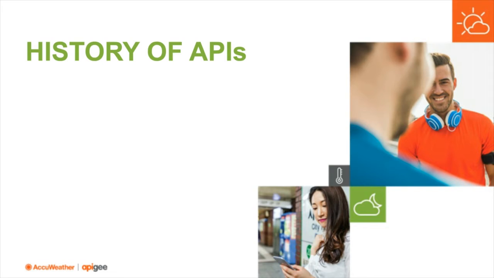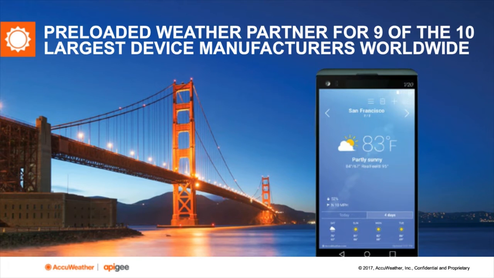We are actually pre-installed on 9 out of 10 smartphones in the market right now, from the largest device manufacturers. It's enabled us to evolve our APIs from being very low volume, XML formatted, very client-specific products with low cacheability, to what the smartphone market is today, as well as other products.